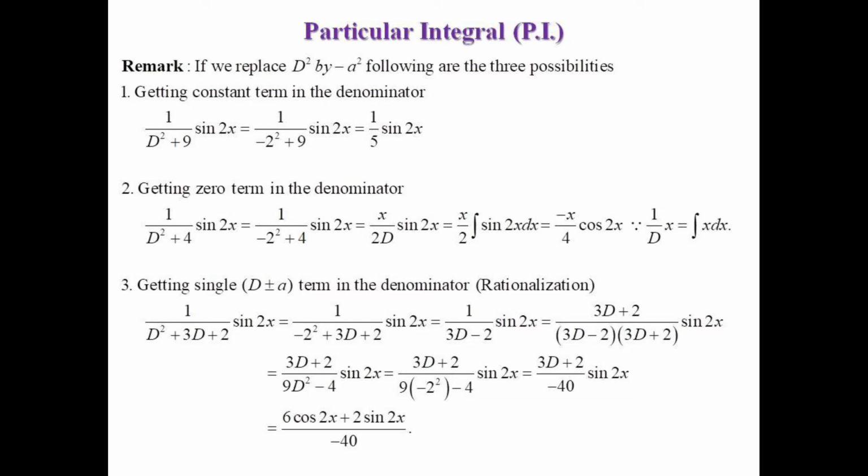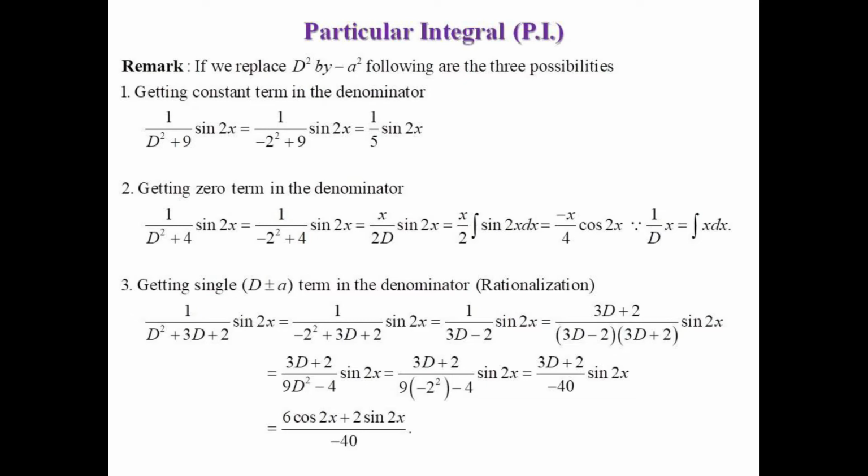As per type number 2 for sine of ax or cos of ax, when a single D term is present in the denominator, we cannot replace D square by minus a square directly. To get the D square term in the denominator, rationalize the term, meaning multiply and divide by 3D plus 2.